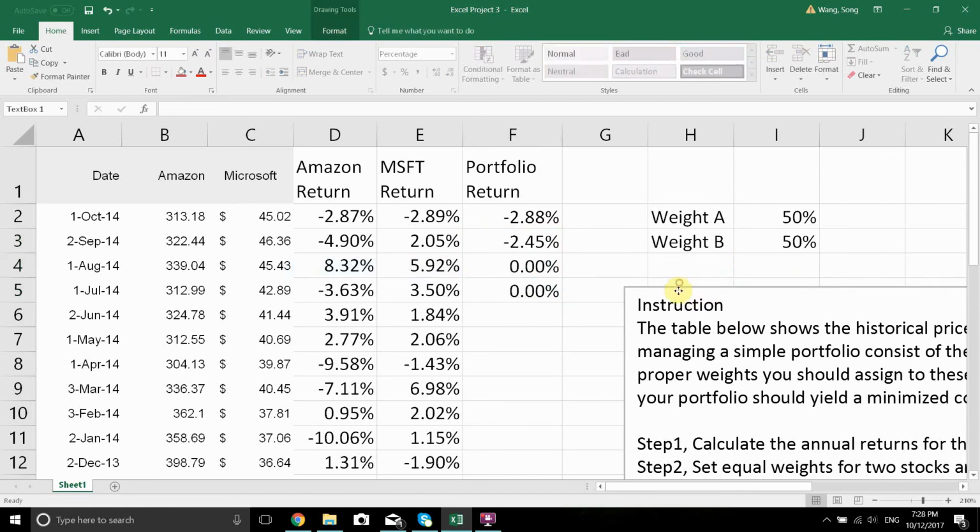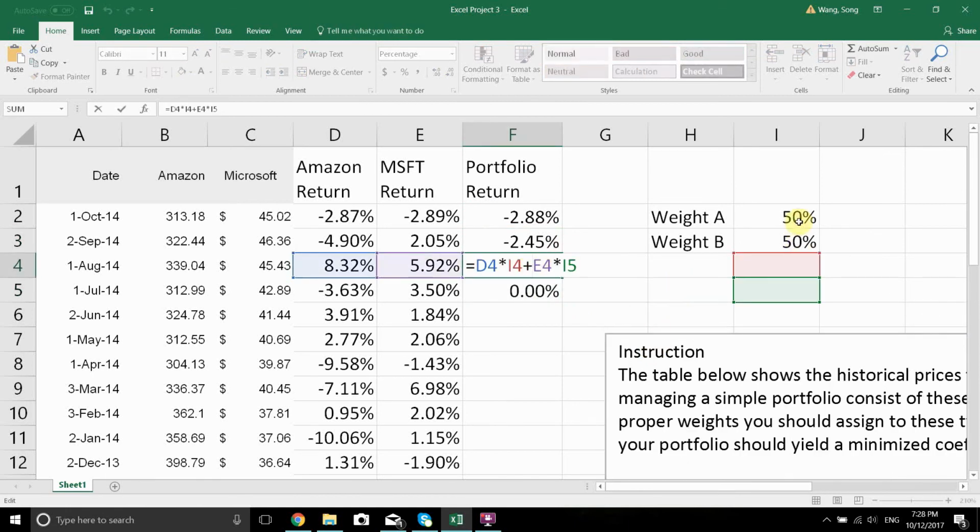What you see here is if I drag it down, the weights reference cells are also shifted. And I do not want them to be shifted. I want them to always stay right here and right here. But if they are shifted down, and that's every cell with no values, then I wouldn't get any correct returns for the portfolio.